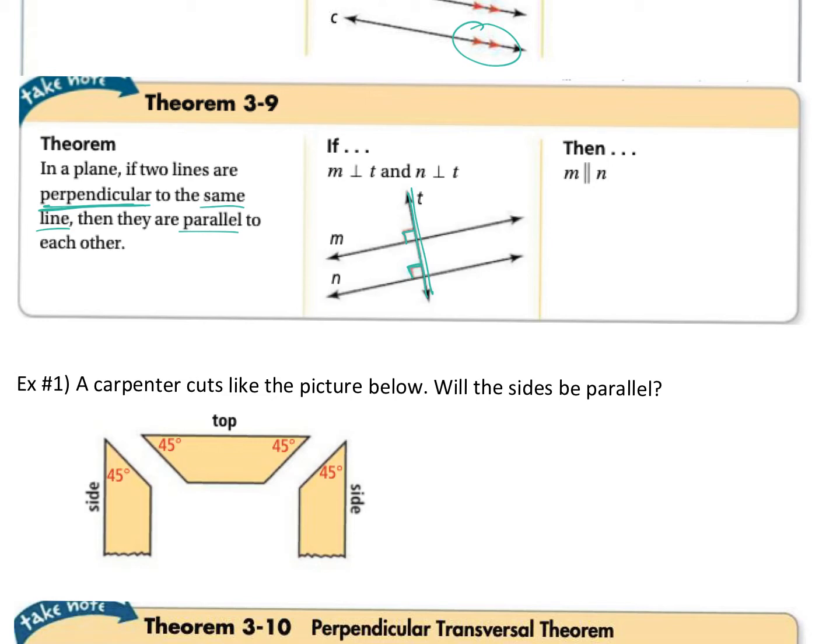Do you see why? What kind of angles are these? They're right angles. What kind that we've been talking about? Corresponding, right? And if corresponding angles are congruent, which all right angles are, then the lines are parallel. So we can say that M is parallel to N if they are both perpendicular to the same line T. It's pretty simple, right?